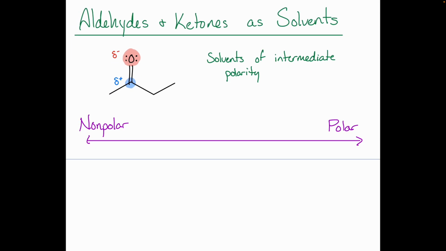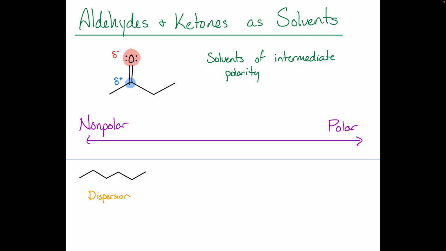Nonpolar solvents would be our alkanes. You actually have to have quite a few carbons to make it so they're not just gases. We have to get up to 4 or 5 carbons for them to be liquids at room temperature. But these are completely nonpolar because the only thing they have are those very weak dispersion forces.